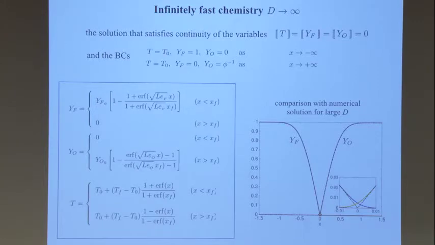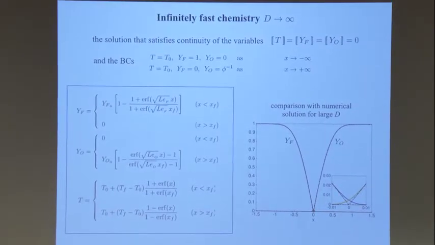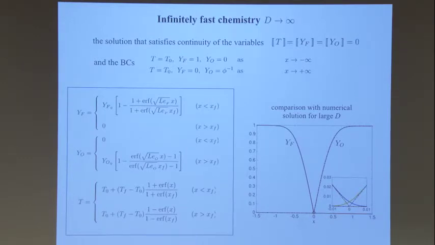The other limit, of course, of interest, is D going to infinity, a large Damköhler number, which is fast chemistry, right? The time for chemical reaction is very small, very short. Immediately as the molecules of fuel and molecules of oxidizer meet, they burn, right?